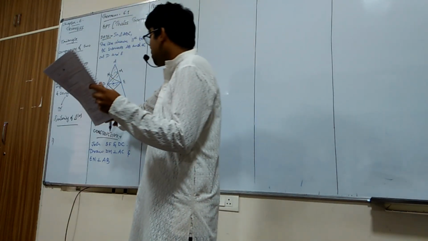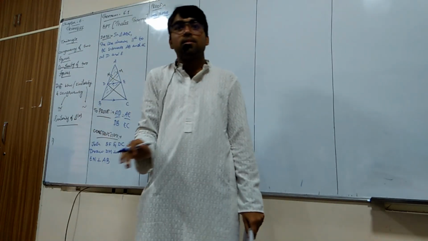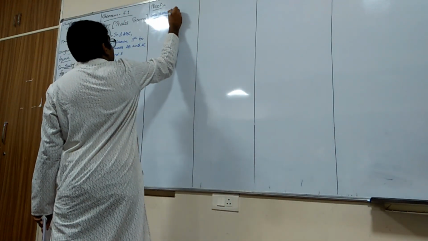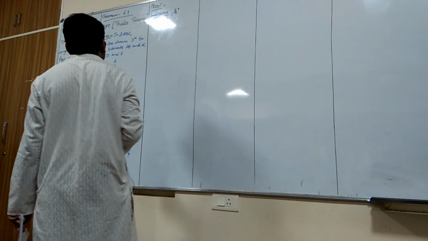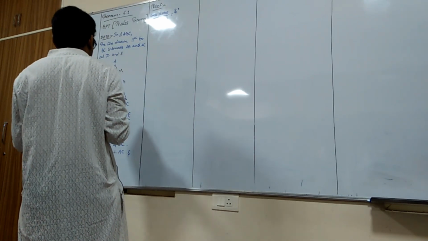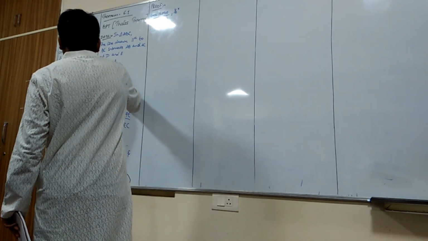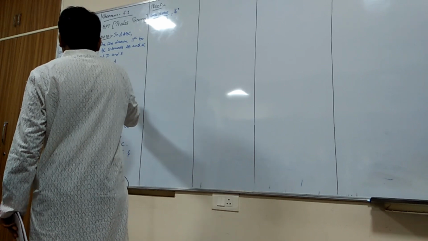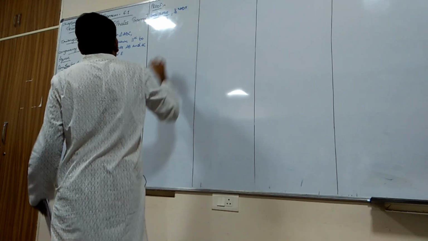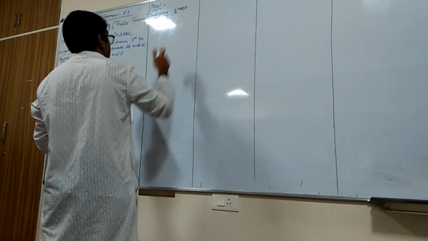What are we supposed to prove? Ratio. So that is the idea why we divide. So area of ADE is half into base. What is the base? AD is the base, into height. What is the height? EN.